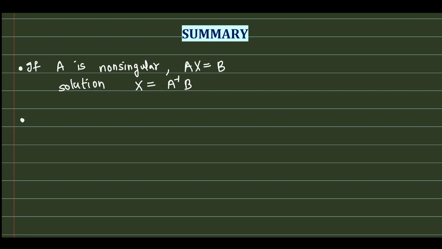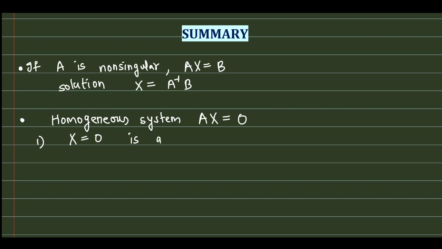Then we studied homogeneous systems. They are systems of equations with RHS as 0. They are of the form Ax equal to 0. Here the first point we note is that x equal to 0 is always a solution.